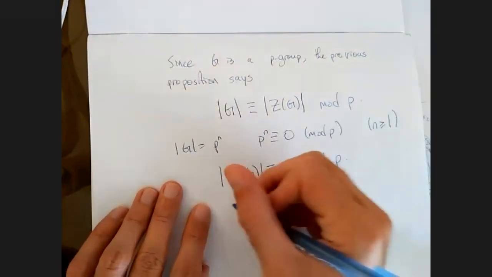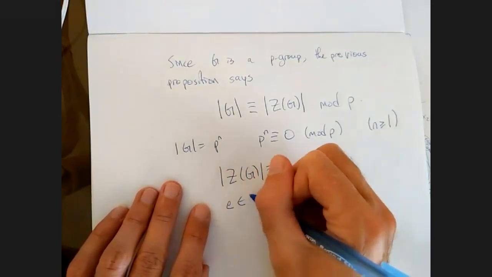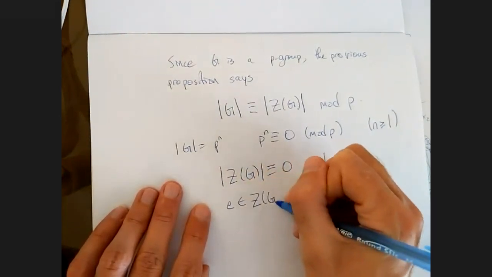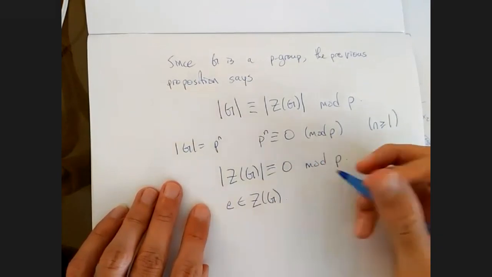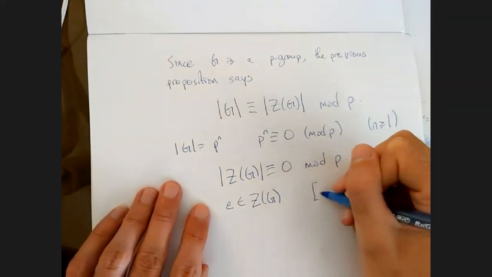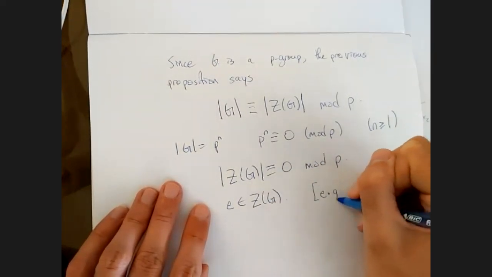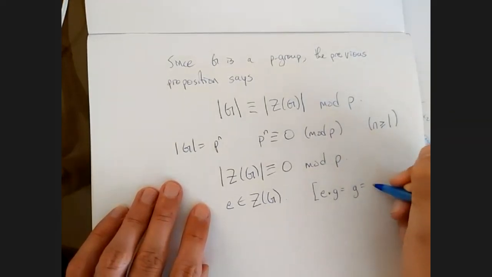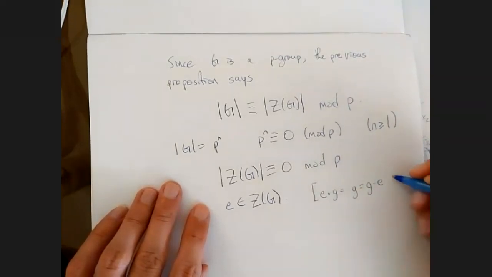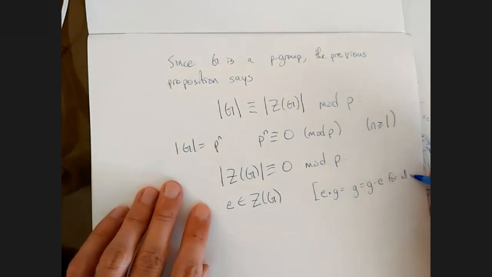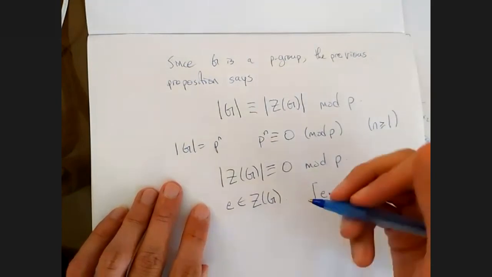Okay, but the identity element is at least in the center of G. It should be clear, but E times g is g, which is just g times E for all g. So the identity element is always in the center. So the center has at least one element.